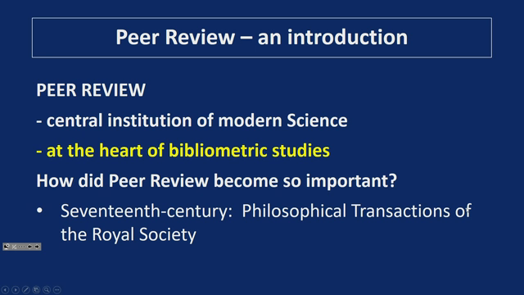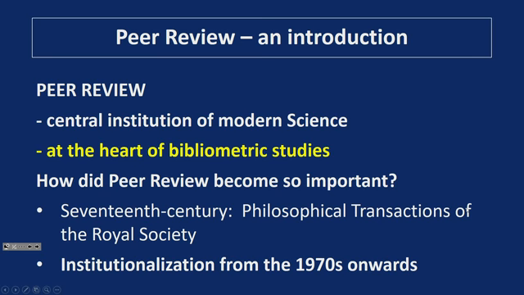But this creates the impression that peer review has been an unchanging part of science for at least three centuries, while in reality the institutionalization of peer review happened much later, in the course of the second half of the 20th century.